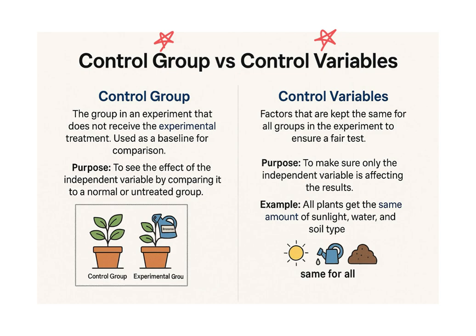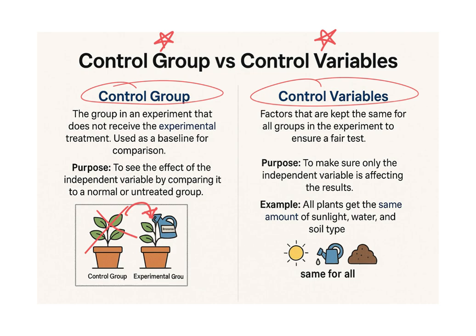All right. Now, this is oftentimes missed and confused by a lot of students: the difference between the control group and the control variables. The control group is one of the experimental groups that is not getting the change. It either is staying the same or it's the normal part of it, but this is what we're going to use to compare the other groups to see if what we're seeing is truly the effect of the IV.